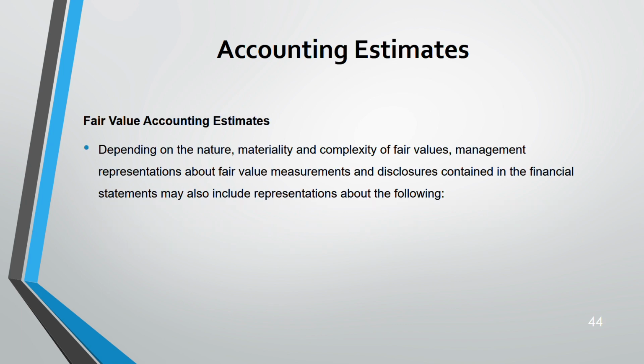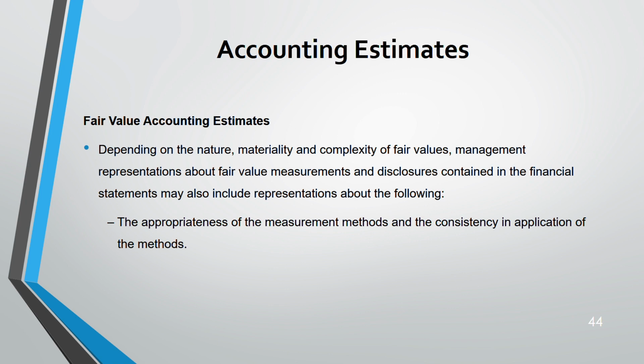Now, depending on the nature, complexity, and materiality of fair value, management representations about fair value and disclosure may include representation about the following. Number one, the appropriateness of the measurement method that you have used to measure fair value, and how consistently you are applying the method.